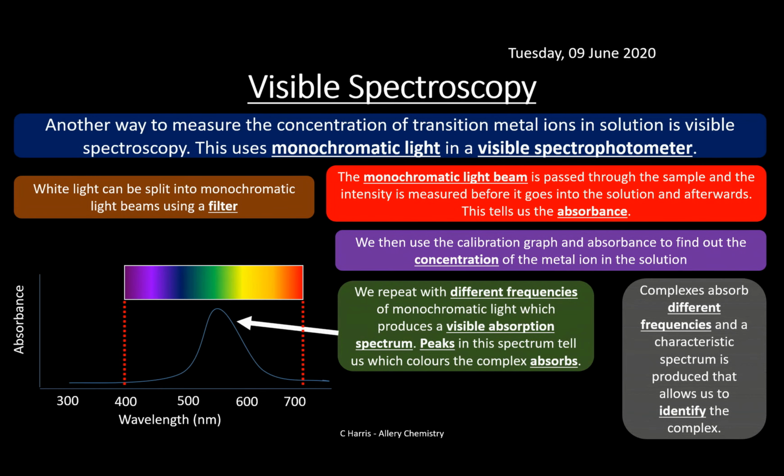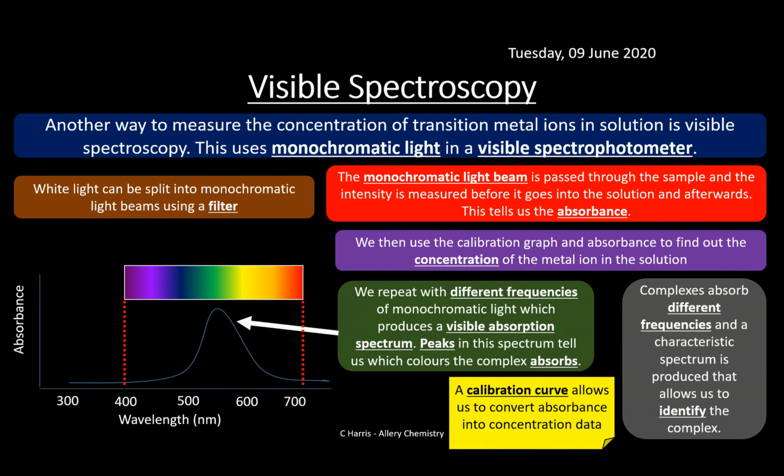Now, complexes absorb different frequencies, and a characteristic spectrum is produced that allows us to identify that complex. So this visible spectroscopy is really useful for measuring the concentration, just as we've seen before, but also we can identify our complex too. And a calibration curve allows us to convert the absorbance into the concentration data as we'd seen before.